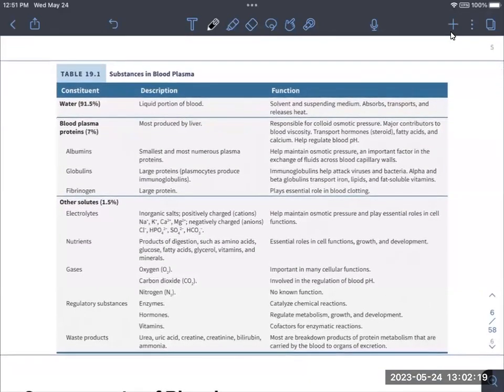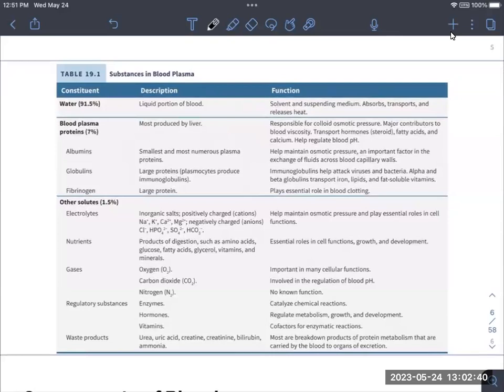So here's some of what is found in this blood plasma. As I said, we've got a lot of different proteins and other solutes: albumins, globulins, and fibrinogen. These all help with different roles.